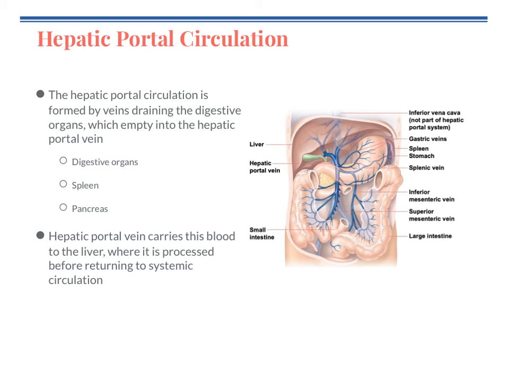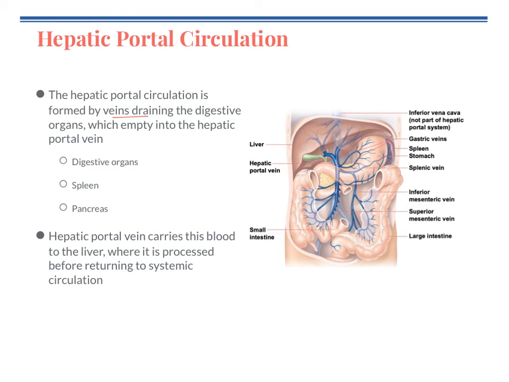And then the next one is called the hepatic portal circulation. It's something we mentioned a little bit when we talked about the digestive organs, but the hepatic portal circulation is formed by the veins that are draining all the different digestive organs.